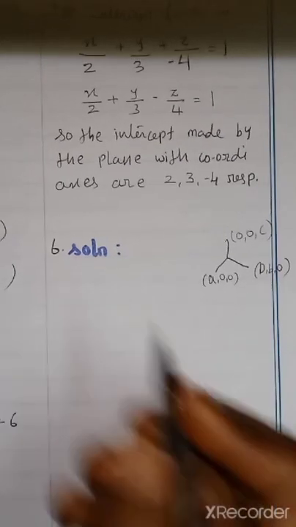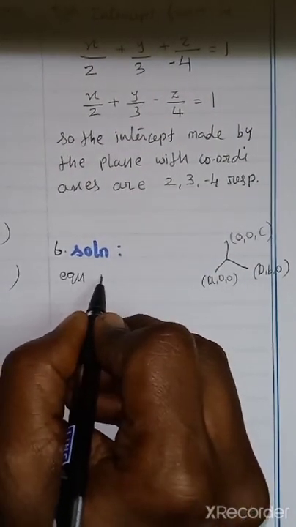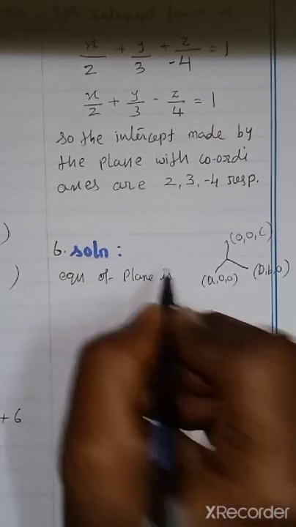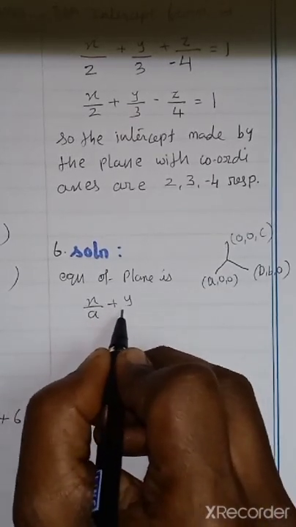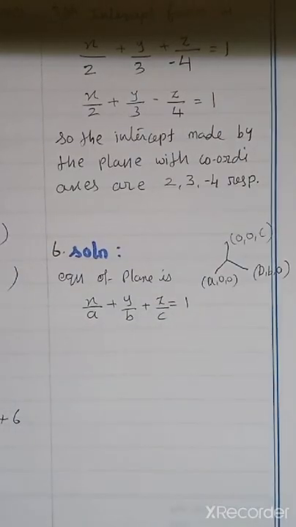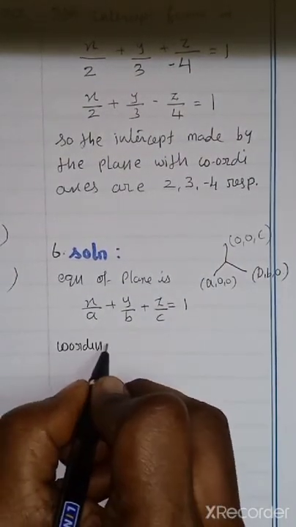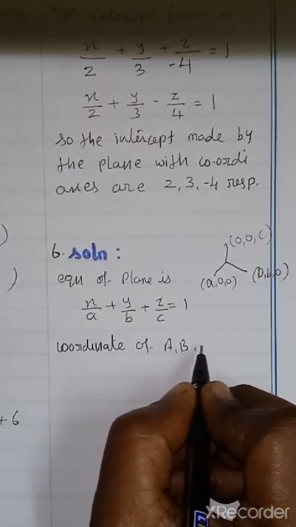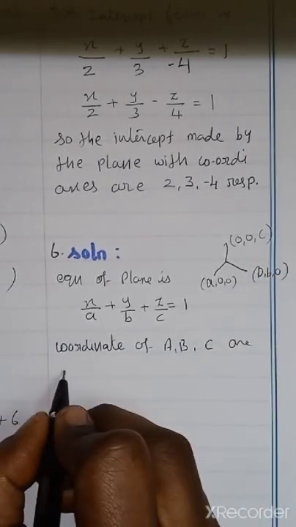So the equation of the plane is x by a plus y by b plus z by c equal to 1. We know our coordinate points, right? So what are the coordinates of A, B, C?